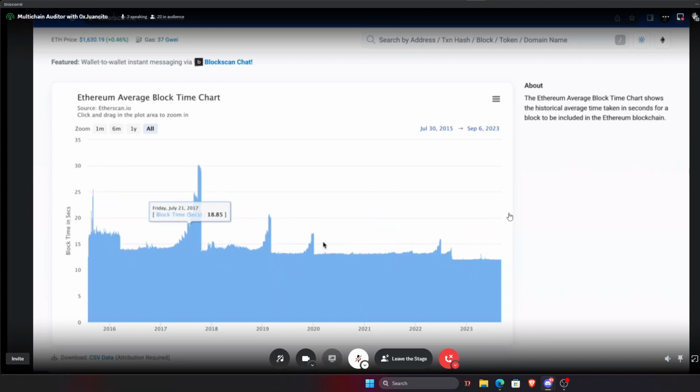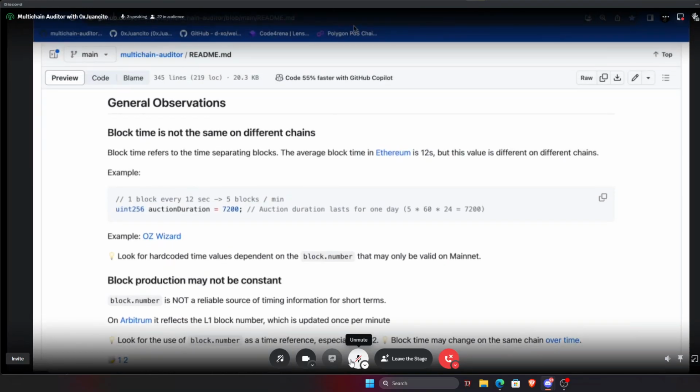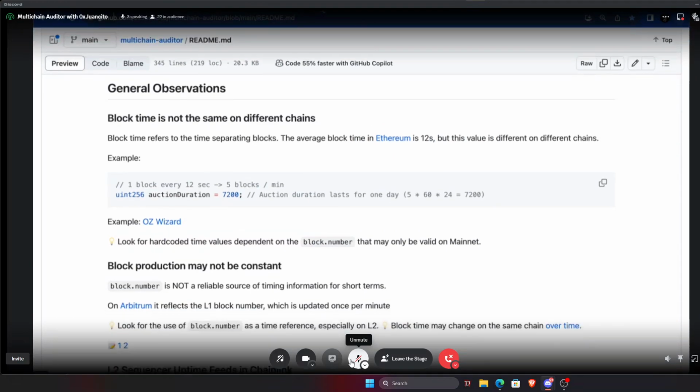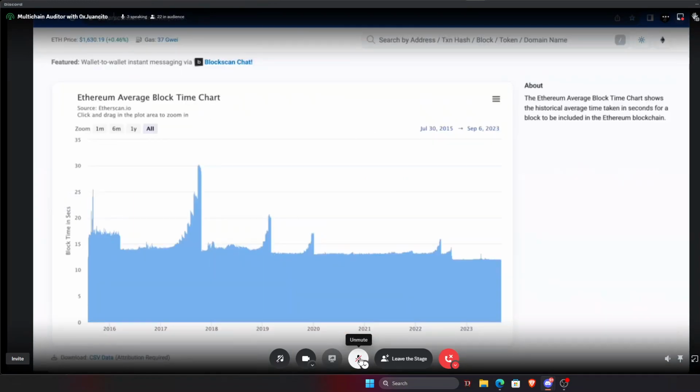But it changed, like some years ago it was 13 seconds, some more years ago it was 16, 17 seconds. So as you see, the block time is different over the years, but it's also different on different chains. For example, in Polygon, you can see the average block time is around 2 seconds, different than the one that we check on Ethereum.